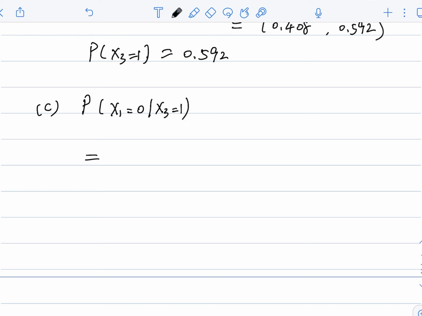By using the definition of the conditional probability, it is equal to, similar to question A, we can calculate the upper part.